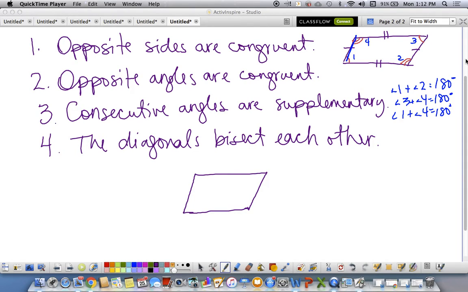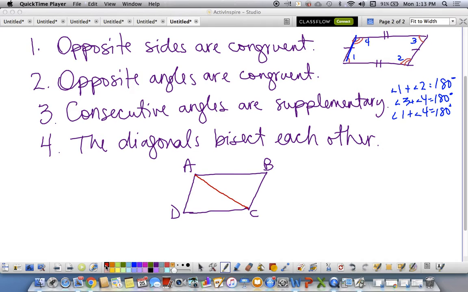A, B, C, and D. It goes from one opposite angle to another. It's a segment that connects non-adjacent vertices. So they can't be beside each other.